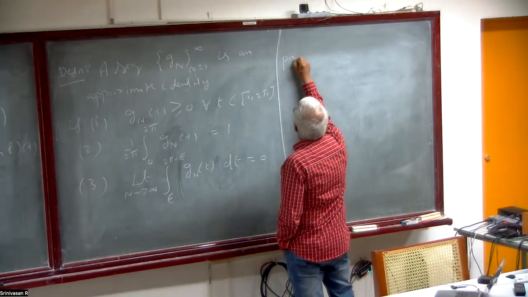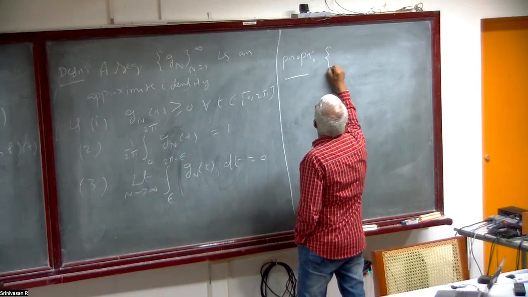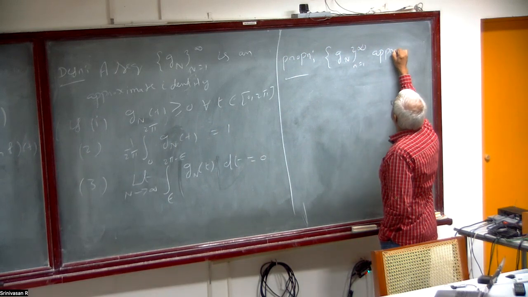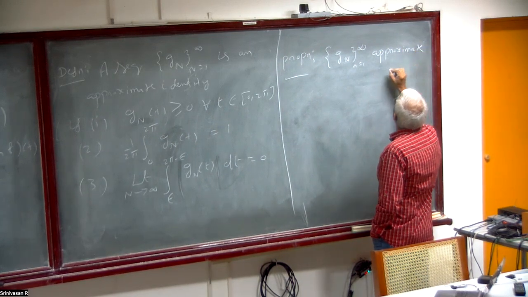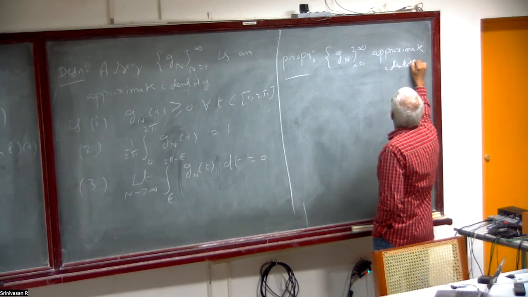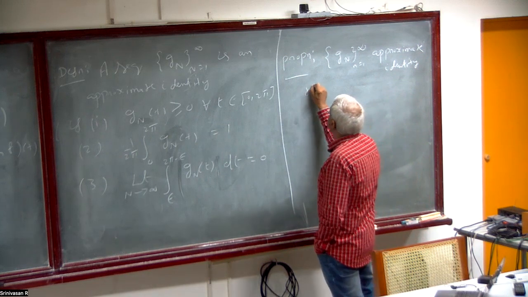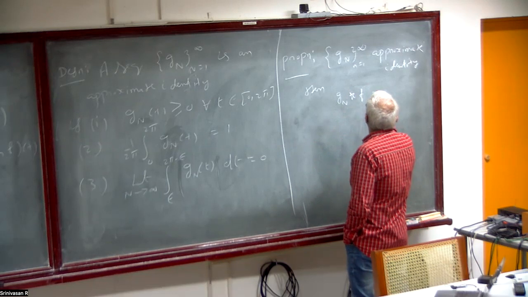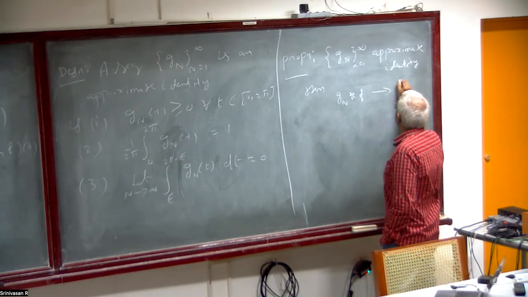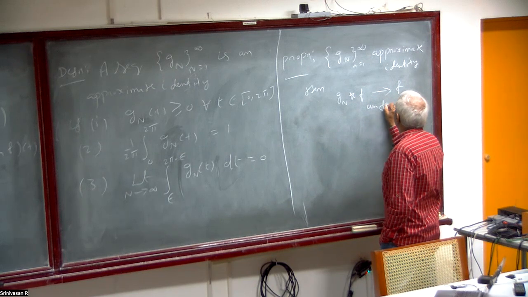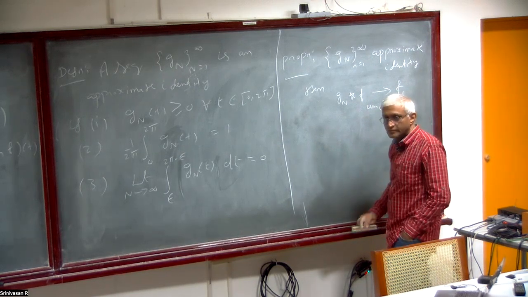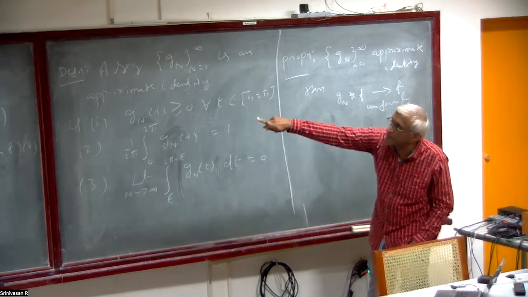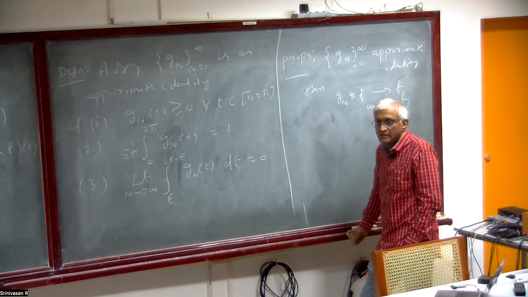So the proposition is: given gn an approximate identity, then gn star f converges to f uniformly. First we will prove this statement, then we will prove that this is an approximate identity.